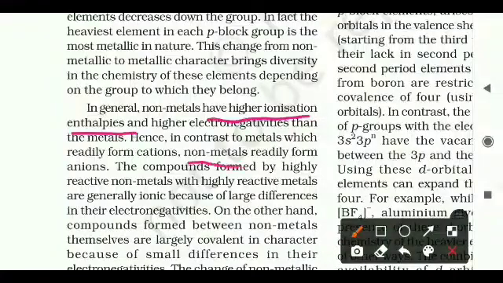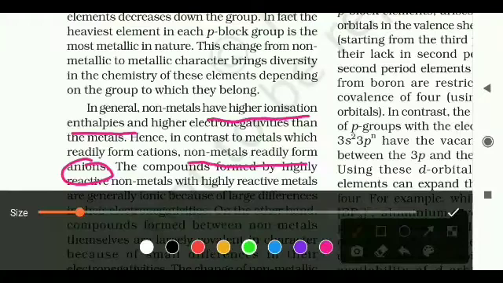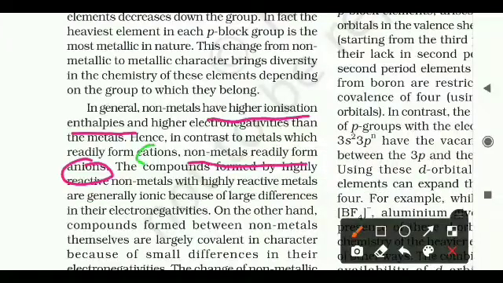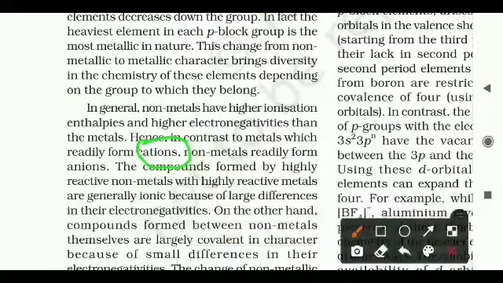Due to very high ionization energy, non-metals act as anions, but metals act as cations, because the ionization energy of metals is lower than that of non-metals. So an electron can easily be removed from a metal and it behaves as a cation. Positive charge will be acquired on metals, but non-metals have very high ionization energy, so they behave as anions. This is the difference also.